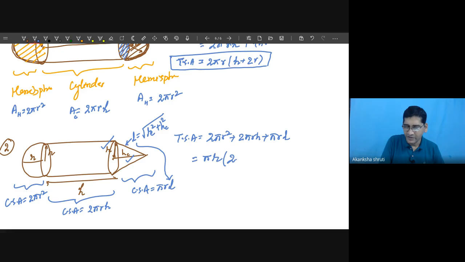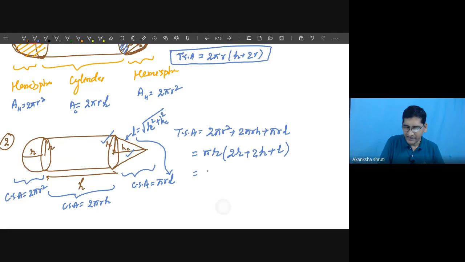So it is like pi r times 2r plus 2h, plus pi r taken out, and l is there.